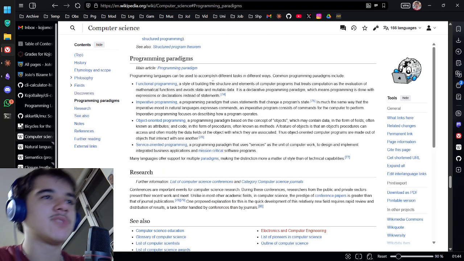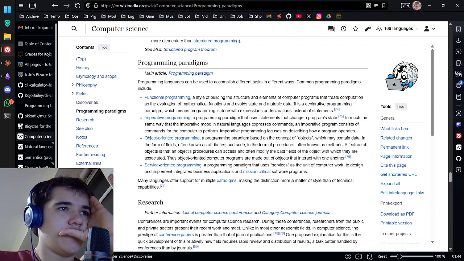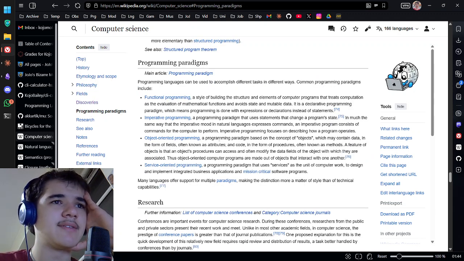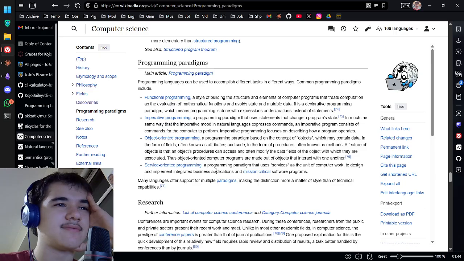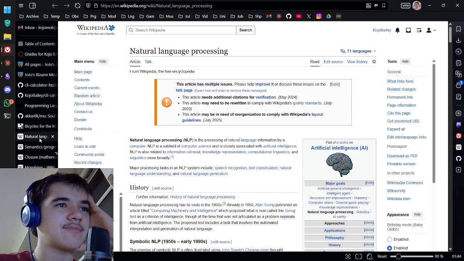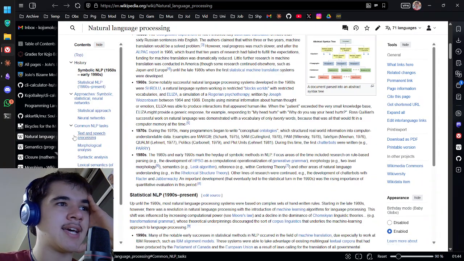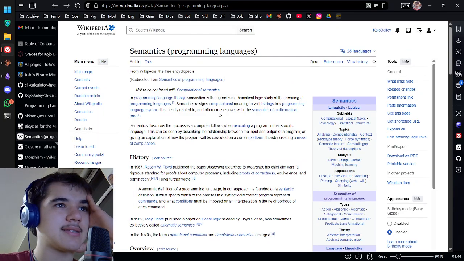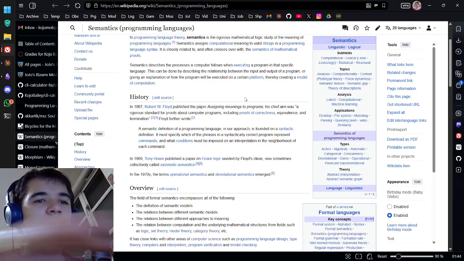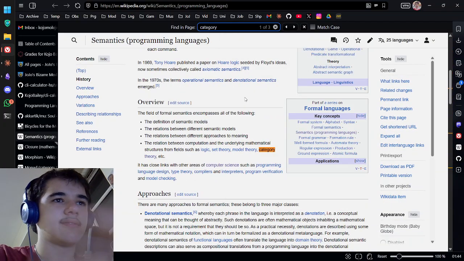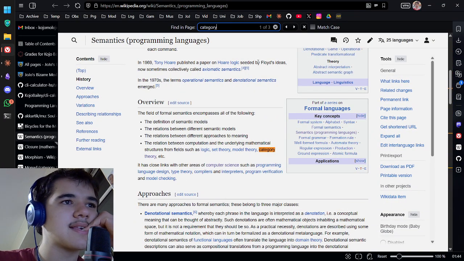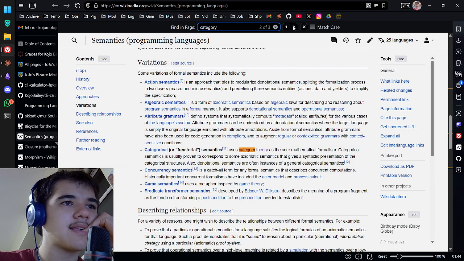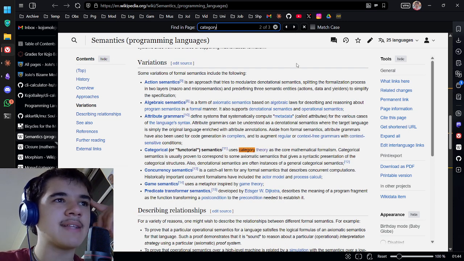Wait, programming paradigms. So we've got functional programming, imperative, object oriented, service oriented. Okay. AI, of course. Morphological analysis. So cool. Semantics. Yeah, so how is category theory applied to this? Functorial semantics uses category theory as the core mathematical formalism.